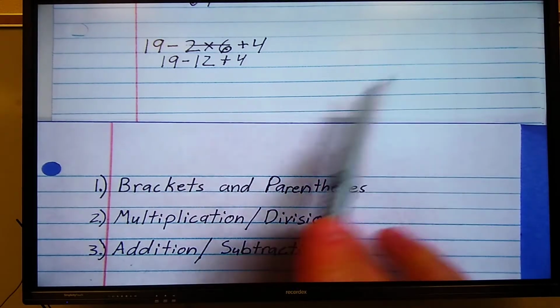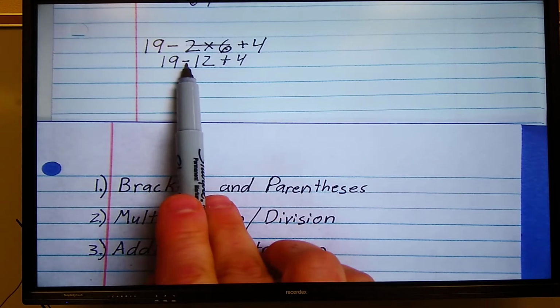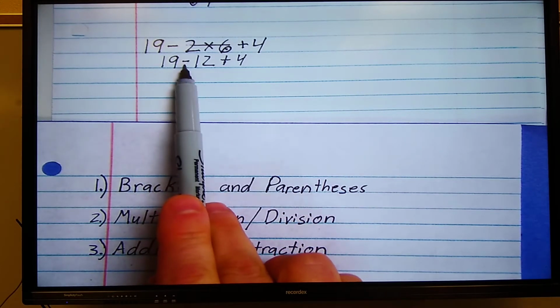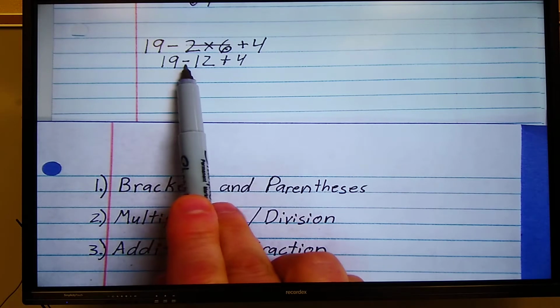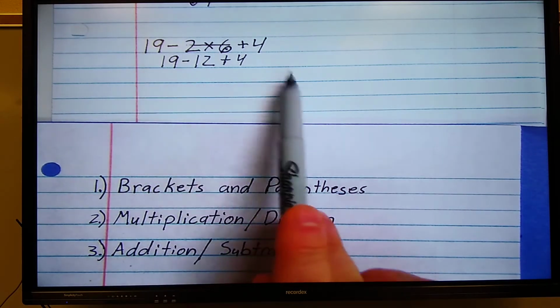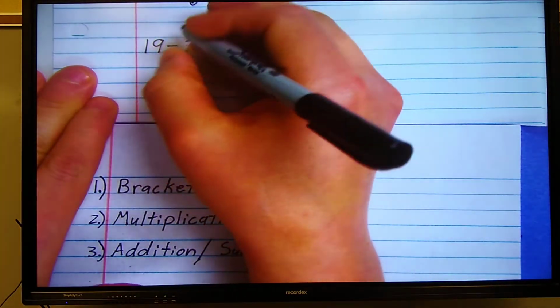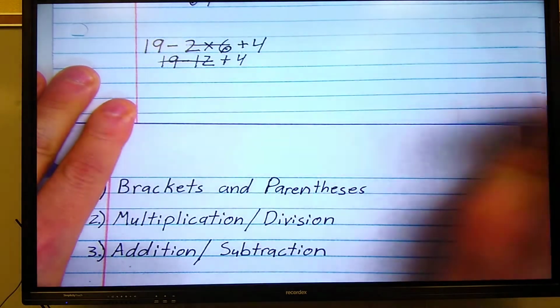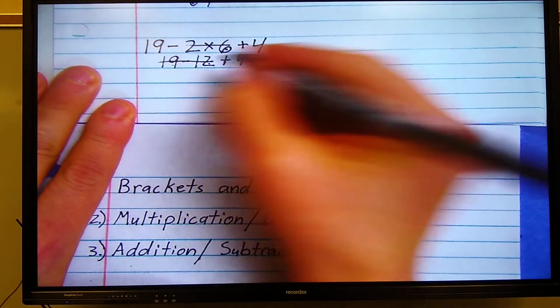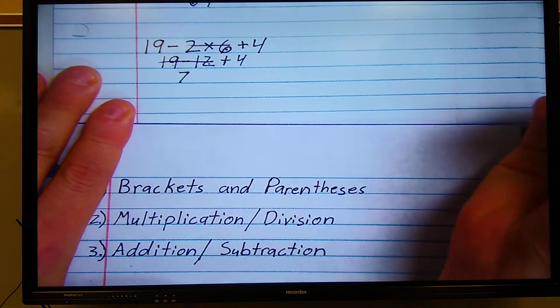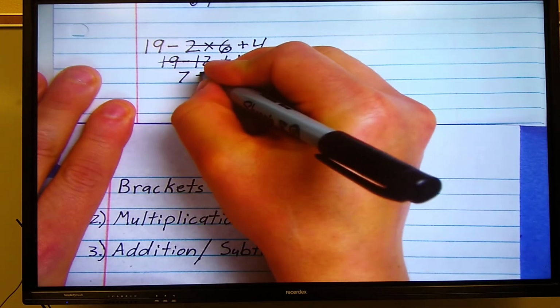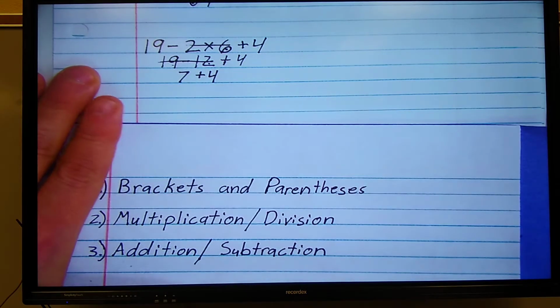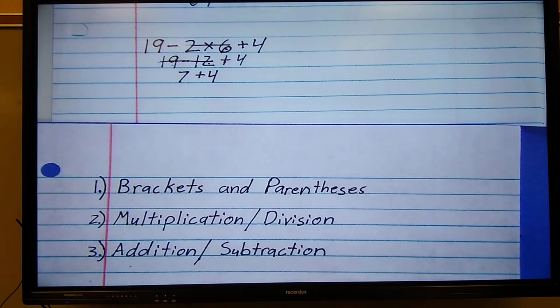But I have to start all the way to the left. So here's subtraction here. I'm going to solve this first, because that's what I came across first going from left to right. 19 minus 12 is 7. So now instead of 19 minus 12, I'm going to put 7 in its place and bring down the plus 4.